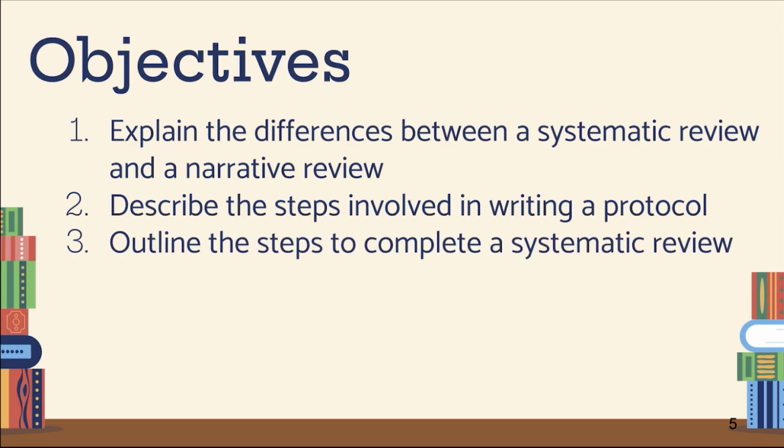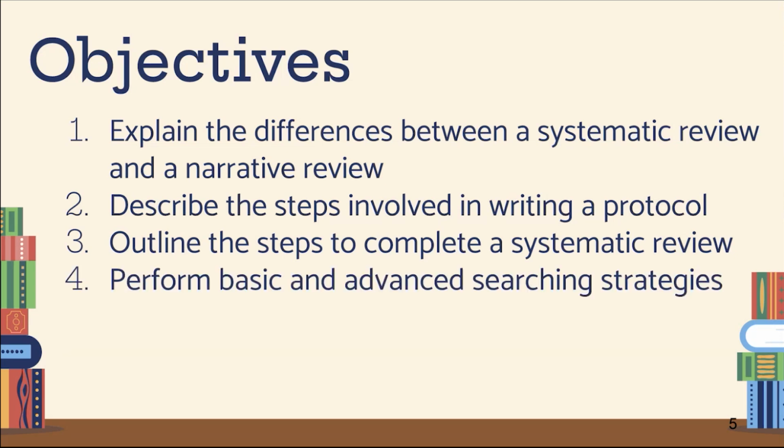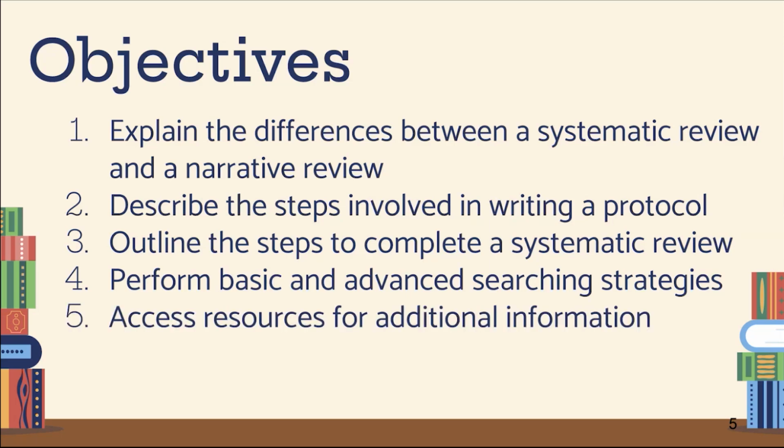Then outline the steps needed to complete a systematic review and perform some basic and advanced searches. We're going to concentrate mainly on one database, but you could apply a lot of those skills and that knowledge to different databases. Oh, and one more I forgot: access resources for additional information.